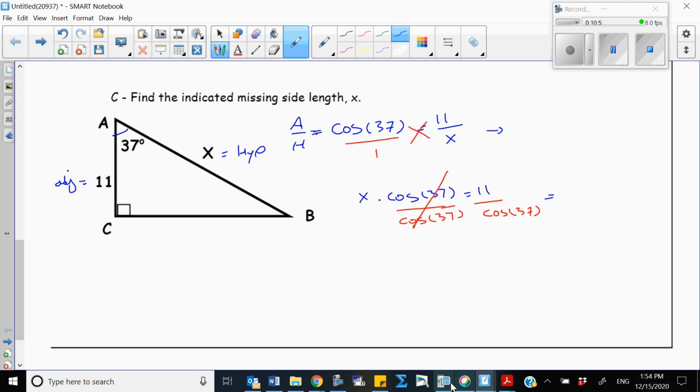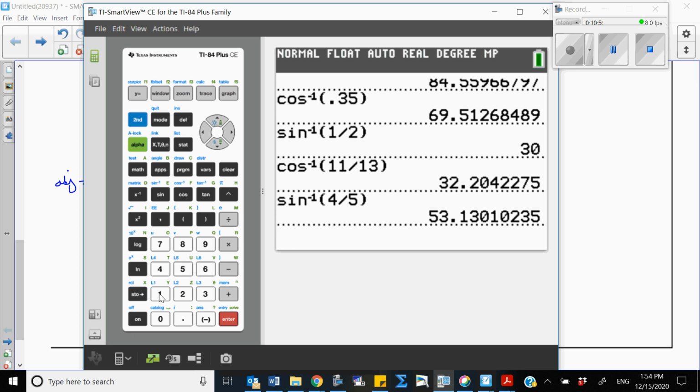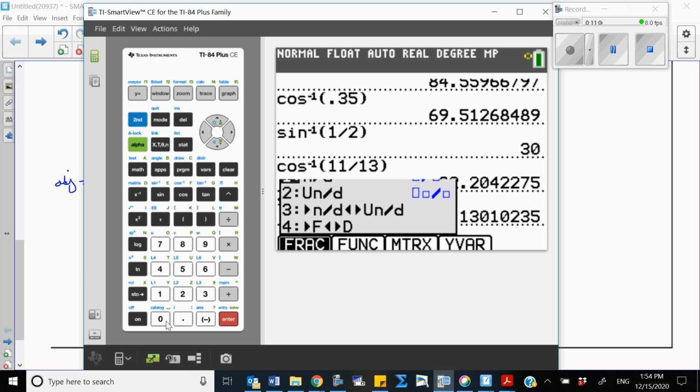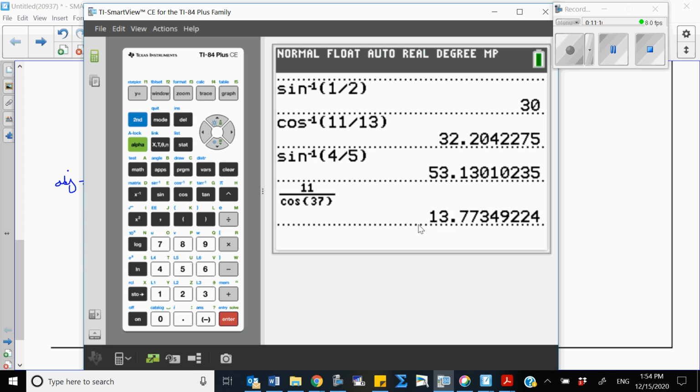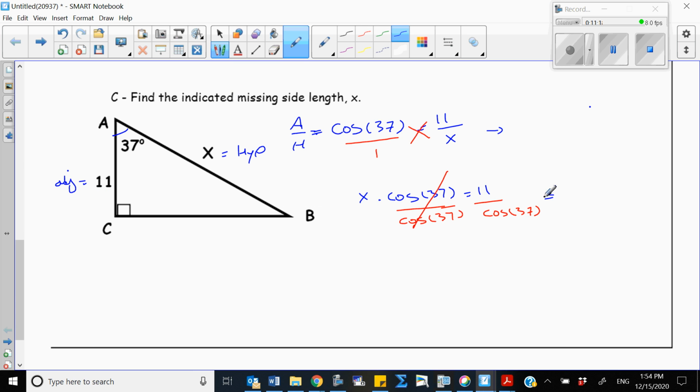Now x will be 11 divided, I'm sorry, let me use a fraction here. 11 divided by cosine of 37, okay, and it's equal to 13.77. So this is how I find x. 13.77, that's this side that we are looking for.